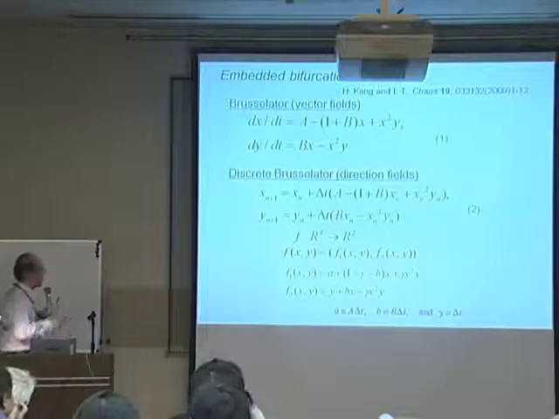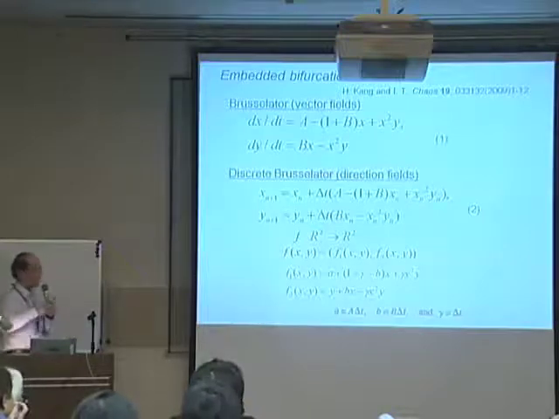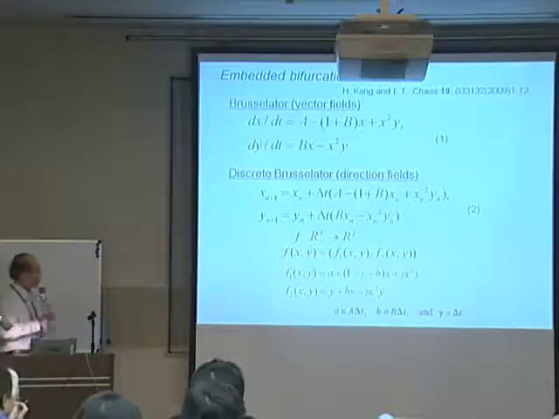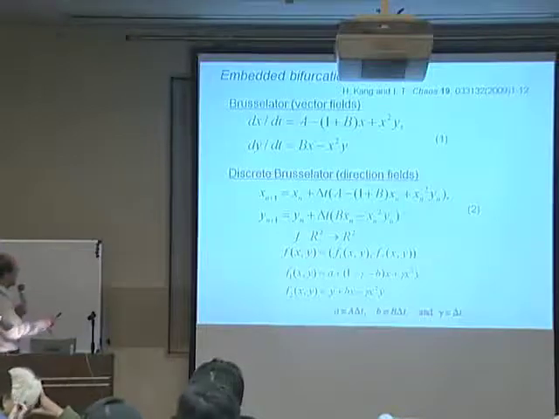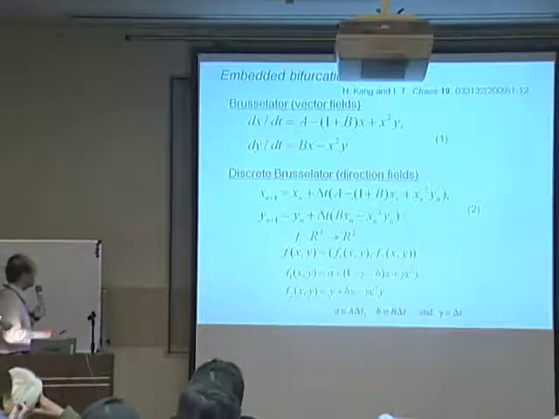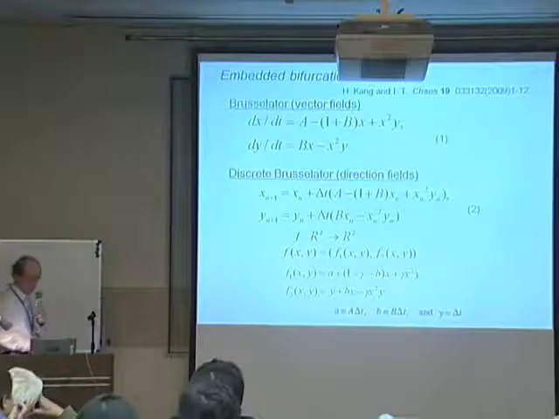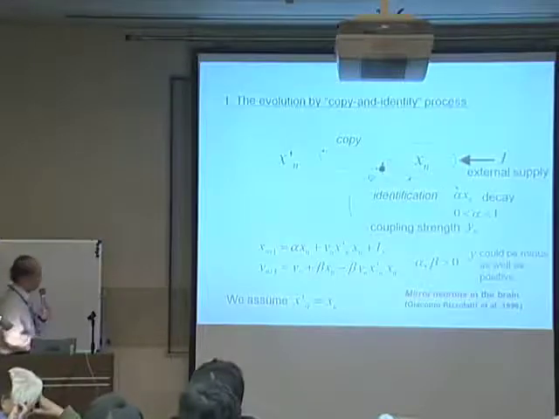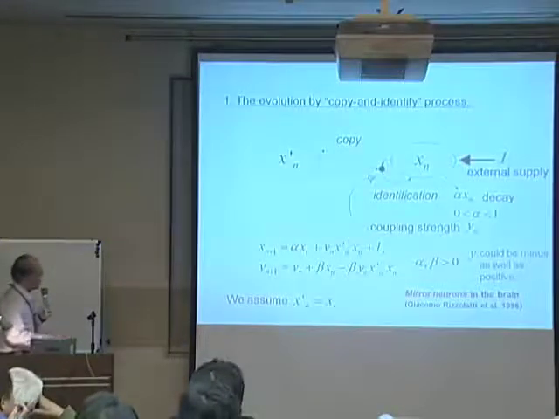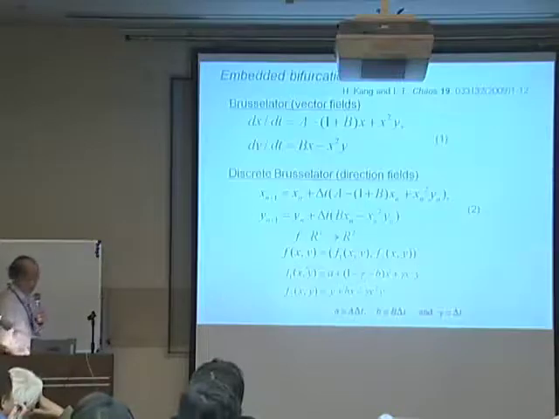For instance, it describes the appearance of limit cycle oscillations. The discretized one is almost the same equation of motion as I mentioned before, the copy and identify process.